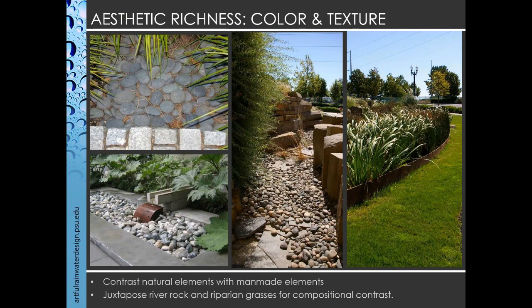One of the things that I've always been fascinated by is when I see stormwater systems created with crushed stone instead of with river stone of some sort, because just the choice of the river stone tells people this could be about water, and then the choice of the plants and how that composition contrasts with the stones. So there's so many opportunities to do really fun things, in our opinion, with the aesthetic richness. So those are the amenities that we wanted to talk about.